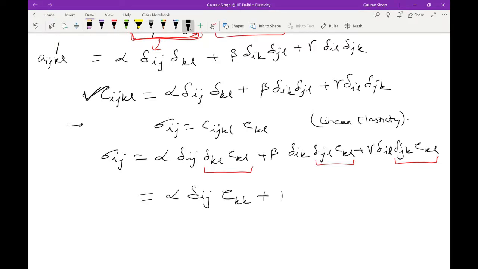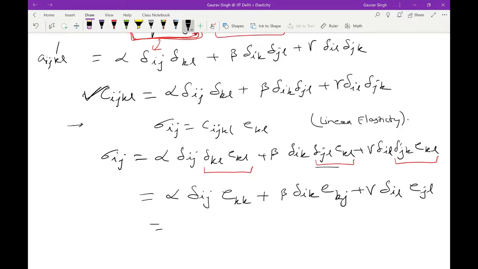Okay, for the non-zero term, for the second red bracket which you see, L will have to be equal to J, so it will be written as EKJ. And then for the last one, you will have delta IL. K will have to be equal to J, so it will again be JL.